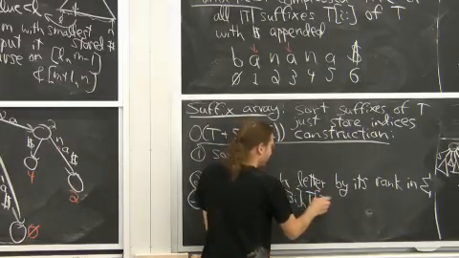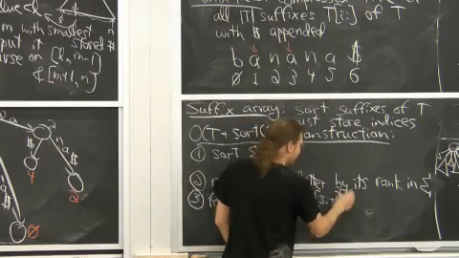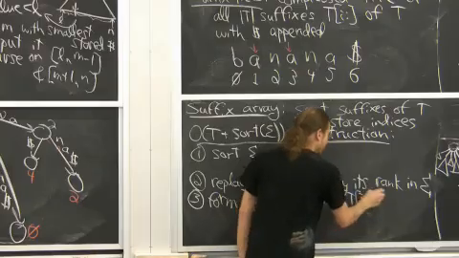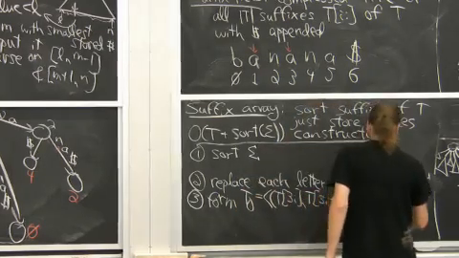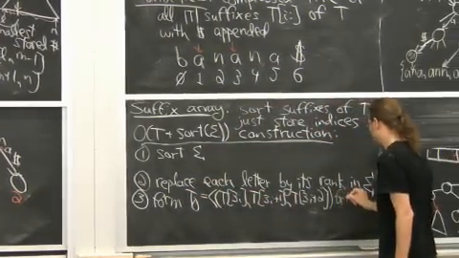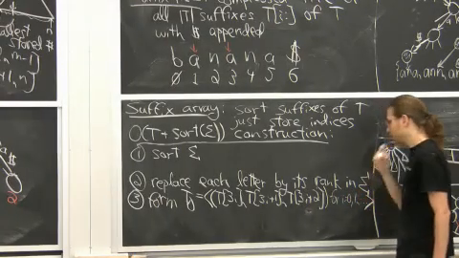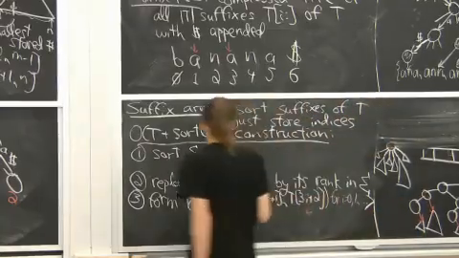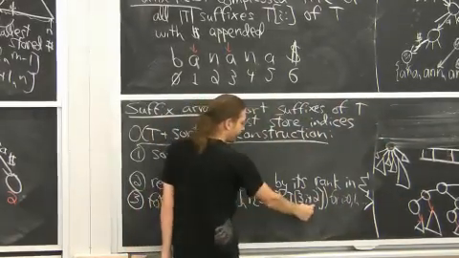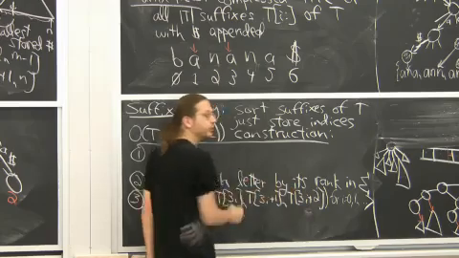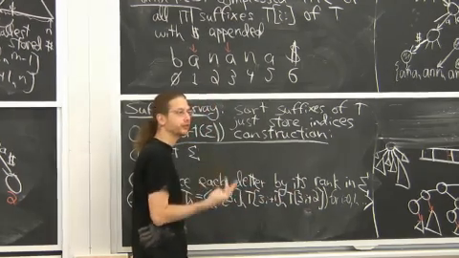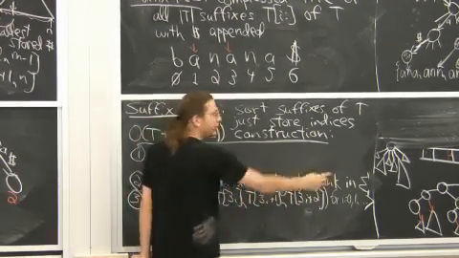There's going to be a lot of writing here. The idea is we're going to take the 3i letter, 3i plus first, 3i plus second letter, and concatenate them into a single triple letter. Think of it as a single letter. And then just do that for all i.